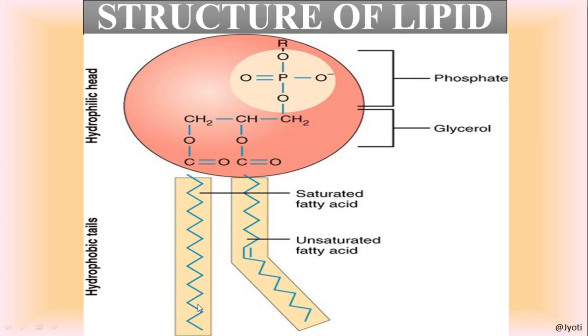The hydrophilic head consists of the polyhydric alcohol, and the tail is a fatty acid, which may be saturated or unsaturated. So the hydrophilic head consists of glycerol and it may have phosphate.